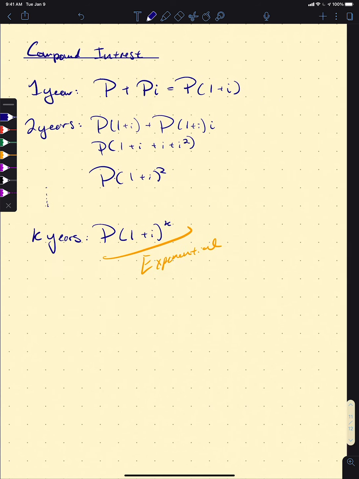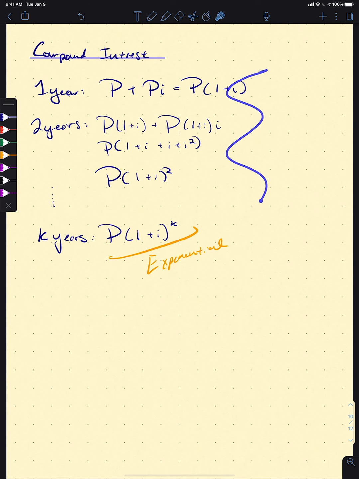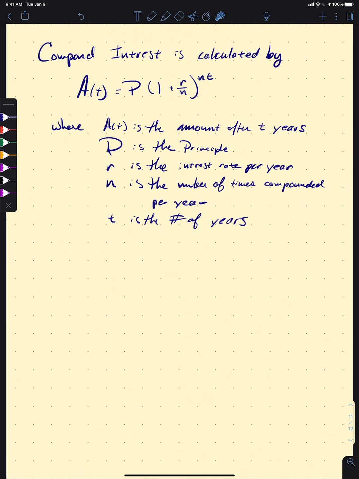Right, so here our example is compounded yearly. So I know this is a little bit confusing, so let's do an example.